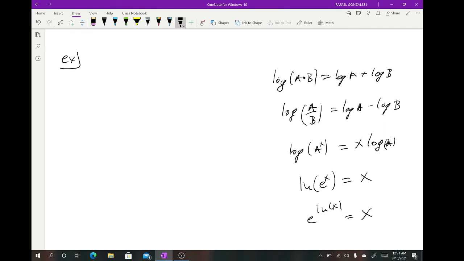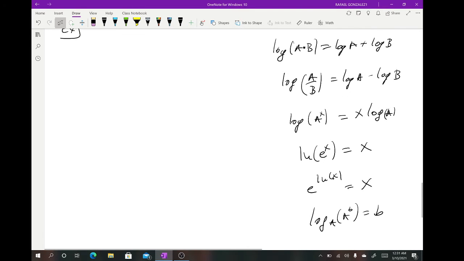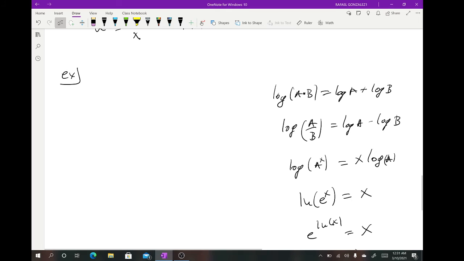The e and the ln cancel out. And for logs, if you have log base a of a to the b, then you just get b. Or if there was no exponent, then you just get 1.